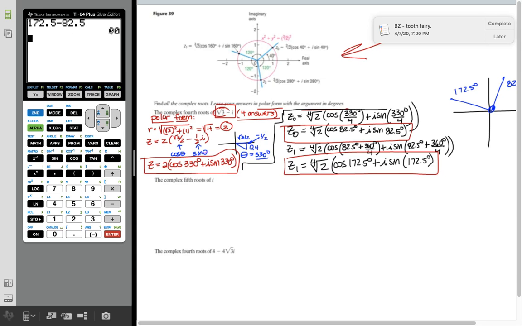So we're going to just go ahead and take 172.5 plus 90. We'll get our next answer. A little bit of a shortcut here. You can definitely save yourself some time and mistakes. So the next angle I'm looking at is 262.5, and that's going to be right about there.